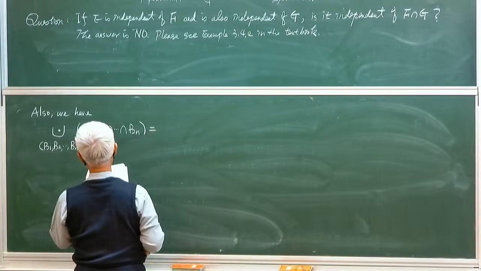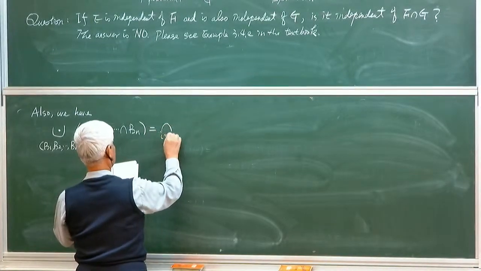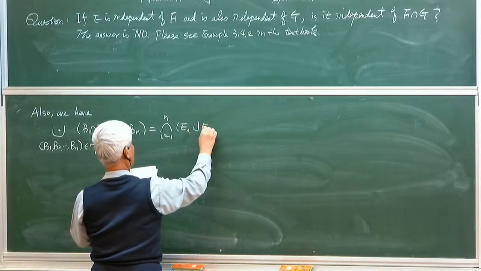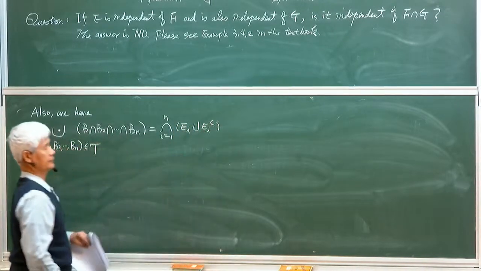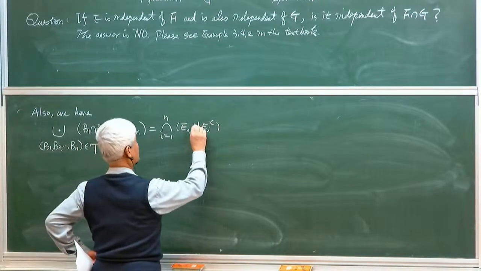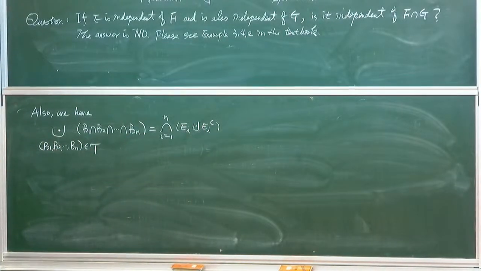Okay, and we found that this is actually the intersection of Ei union Ei complement. So this is the intersection over i of these.